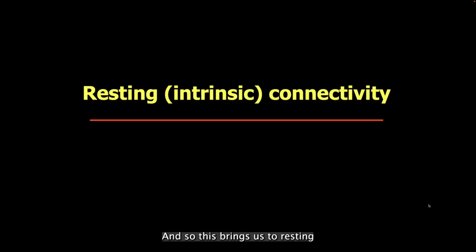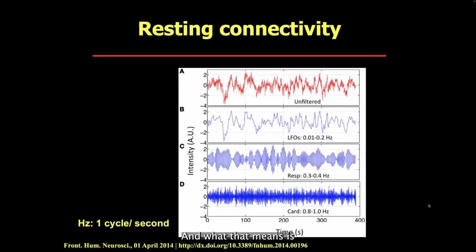This brings us to resting connectivity, which is dominating the network neuroscience literature, in particular in fMRI. What that means is we can examine how parts of the brain are connected, how networks are set up, without giving any task.